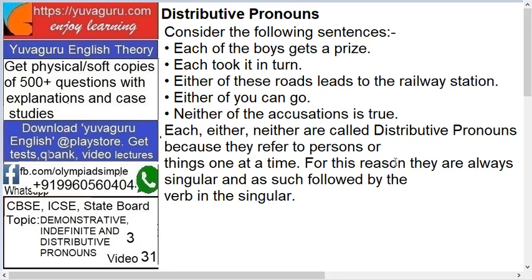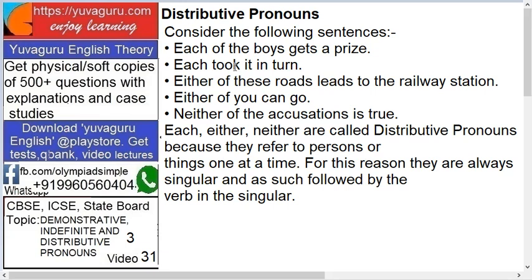For this reason, they are always singular and as such followed by the verb in the singular. That's important. Important is the verb in singular. Now this is a hint. How? Each of the boys gets a prize. Gets is a verb, and that's singular. Each took it in turn.